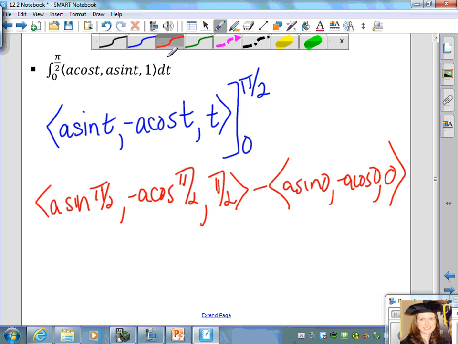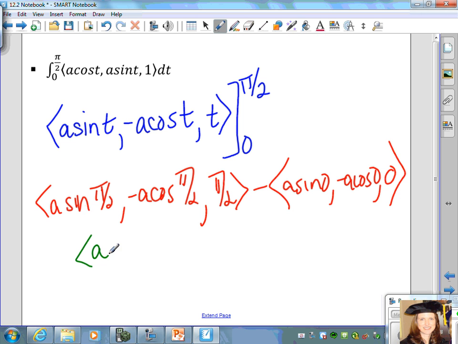When we simplify this, the sine of pi over 2 is 1, so this vector simplifies to a. The cosine of pi over 2 is 0, so the second component is 0, and the third component is pi over 2. That's your upper bound evaluated and simplified.